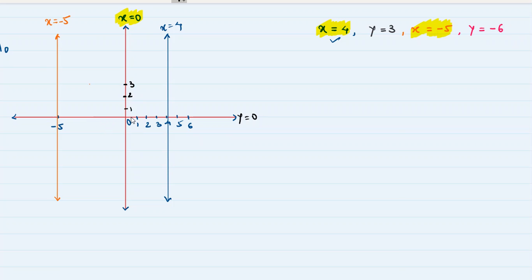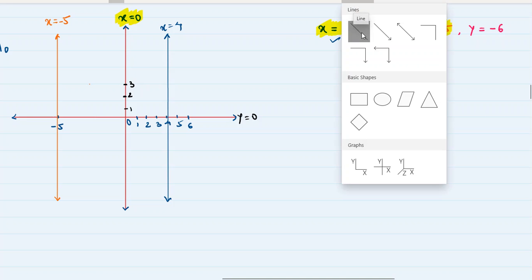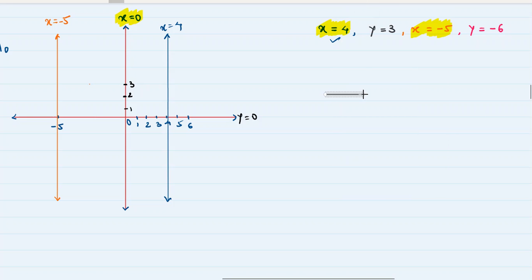So y is equal to 3 will be a horizontal line parallel to x-axis, because its equation resembles the equation of x-axis, which is y is equal to 0. So it will be a horizontal line parallel to x-axis but passing through point 3 above origin, above x-axis. Okay, so this is y is equal to 3.